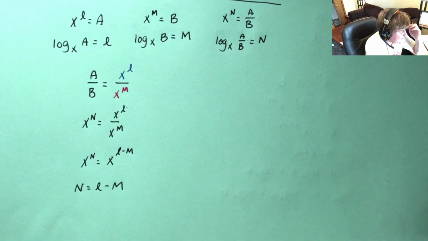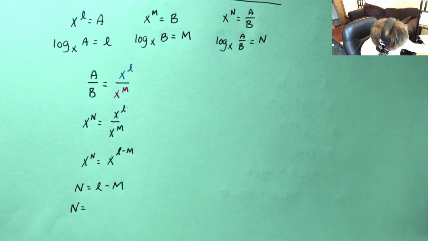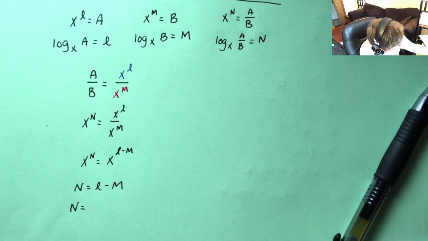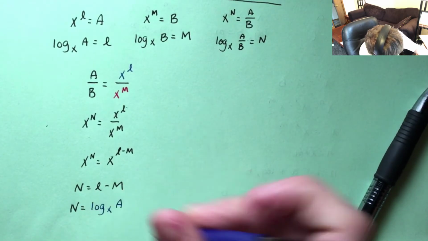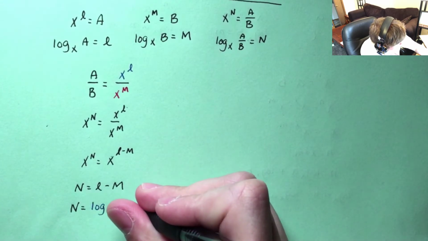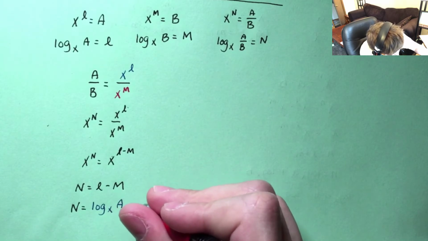So let's do a little bit of substitution. I know what L is equal to. L is actually equal to log base x of a, and then minus m. M happens to be log base x of b.